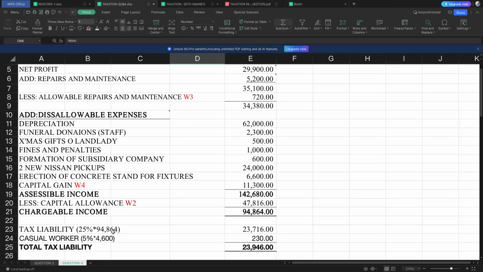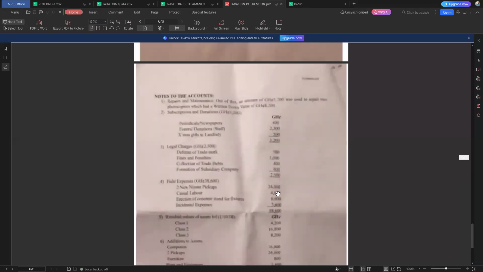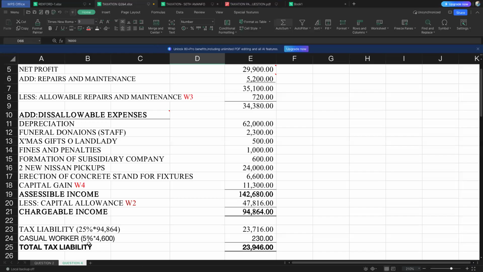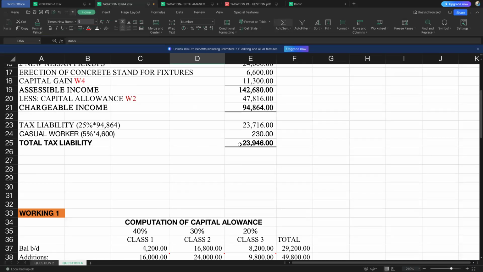So we charge 25% on the 94,864 to get 23,716. Then the casual labor in the question, 4,600, we charge 5% on it, and then we add it to the tax liability we got. Then that will be the total tax liability payable.